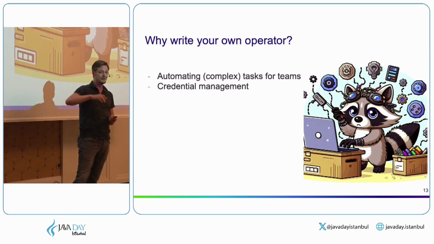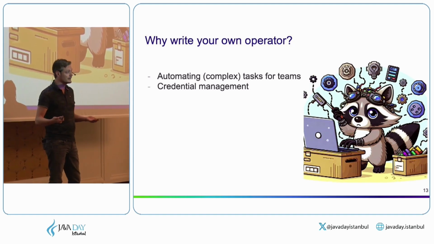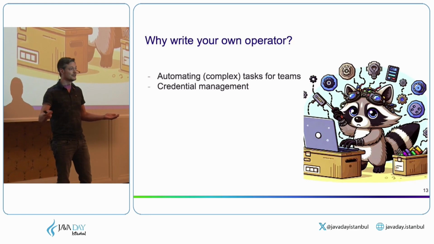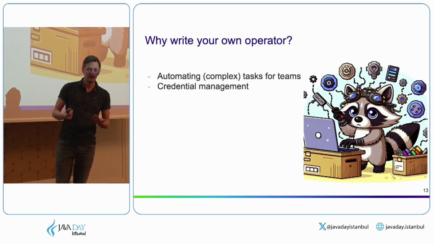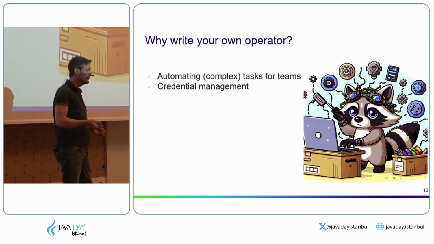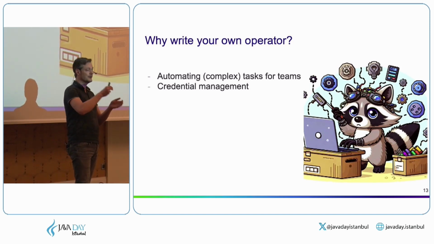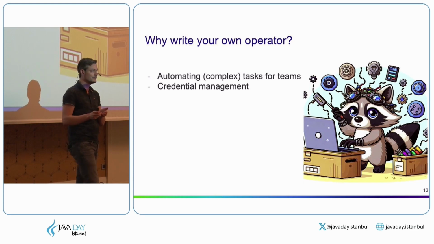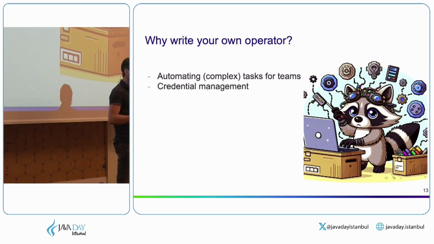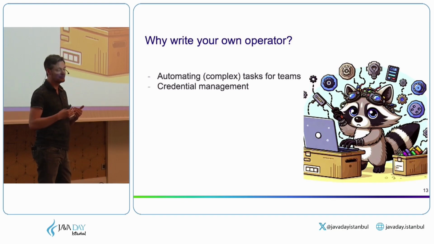They can accidentally create too many users, delete too many users, or even worse, credentials can leak, because now 200 teams have access to these credentials. So instead of giving all these teams these credentials, what we could do is put them in an operator. Now only the operator and the team building the operator have access to the credentials, and the rest of the company can only talk to that specific operator and only do actions that that operator permits them to do. So it's a good way to keep all the credentials away from teams.